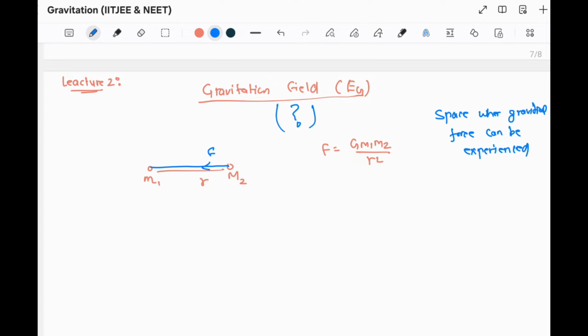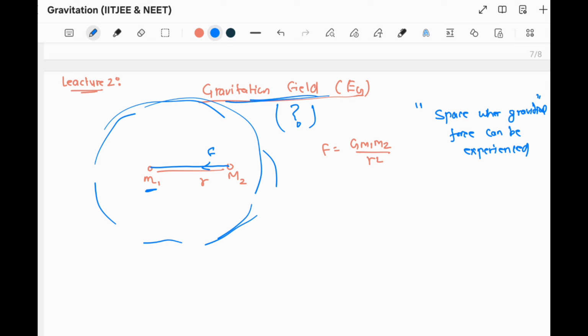In this example, for this mass m1, it is the space around m1 where the force due to m1 can be experienced, meaning where m1 is attracting another object. That space where it can attract another object will be its field, and that field is known as the gravitational field. I hope you get the definition.